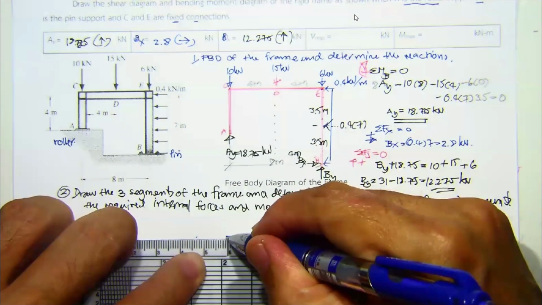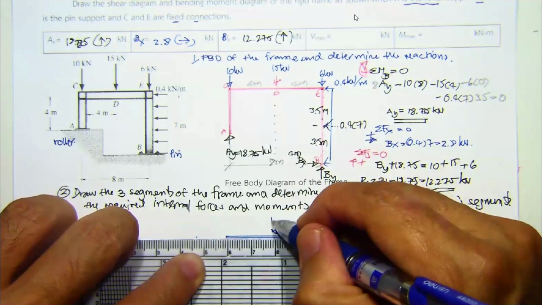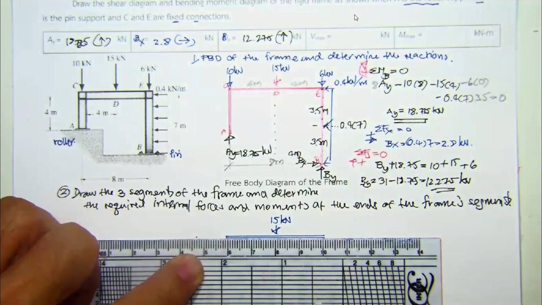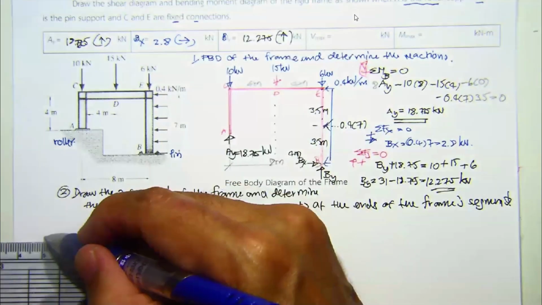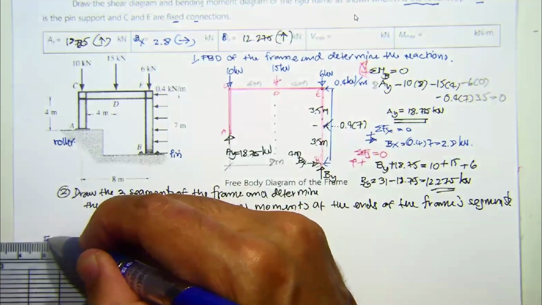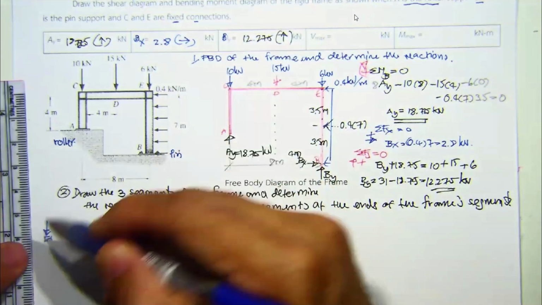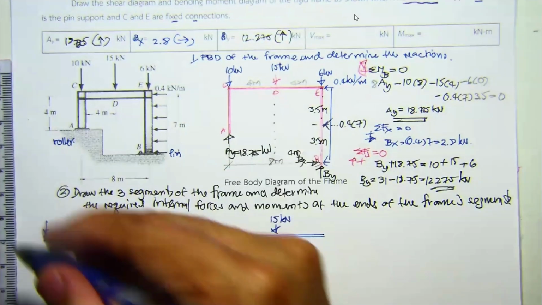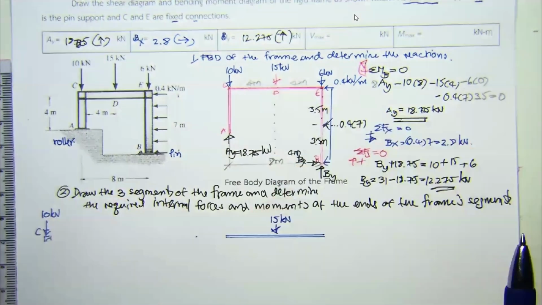And we have the force up over here to be 15 kilonewton. I should separate point C over here because it's subjected to the vertical force. And then over here, there is 10 kilonewton at point C.